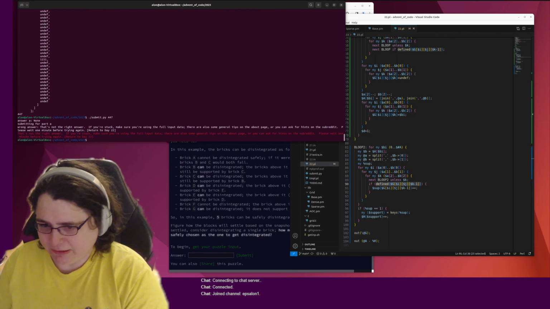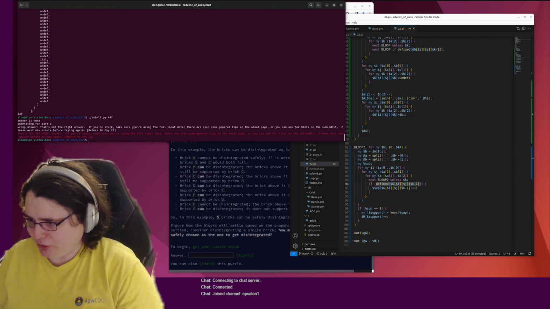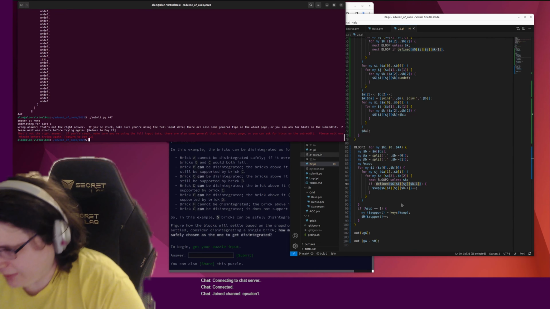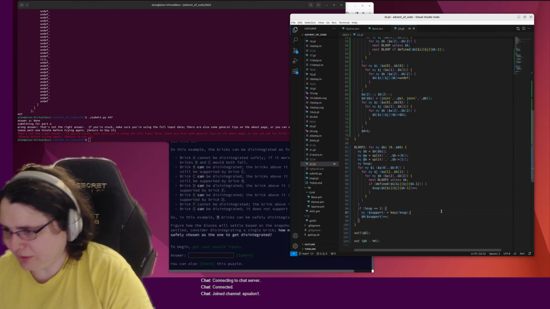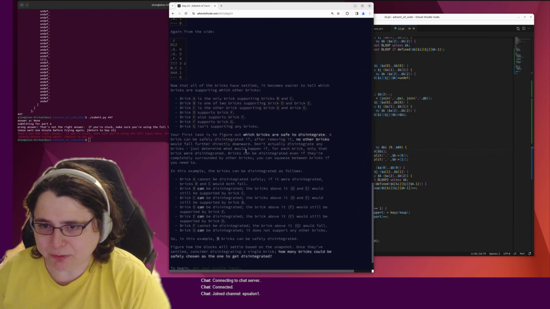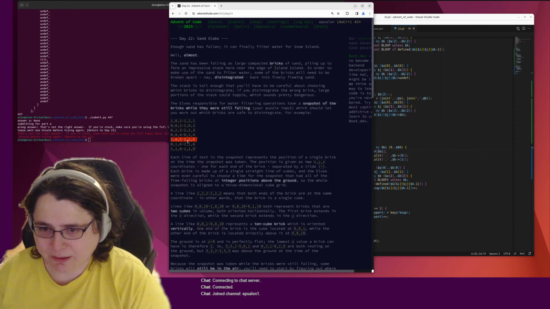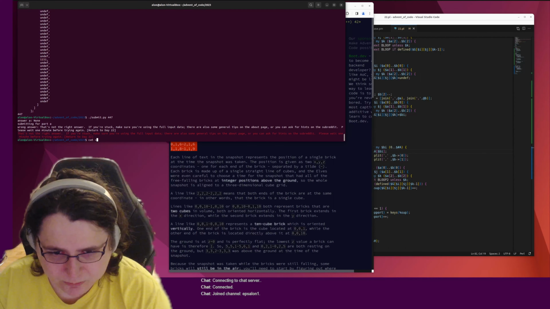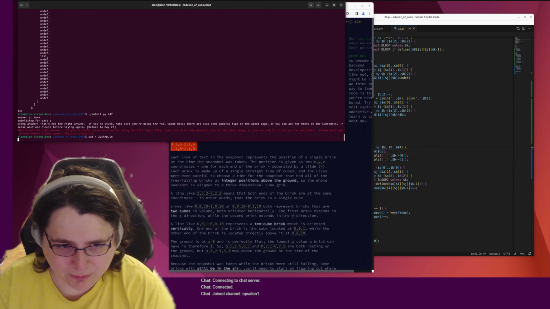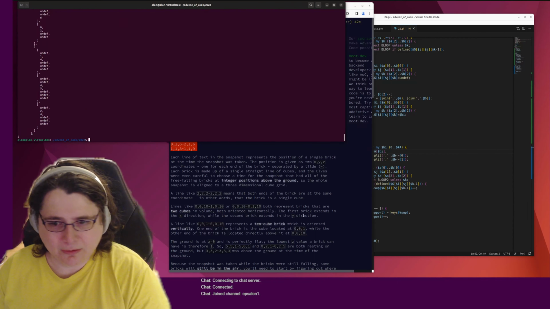Because to be disintegrated, you need to be not the sole support of a thing. Let's try the sample input, because we have a sample input, so that's good. 5.